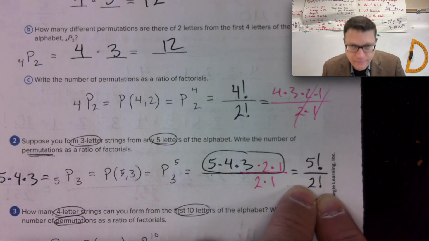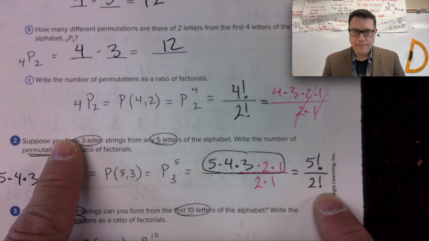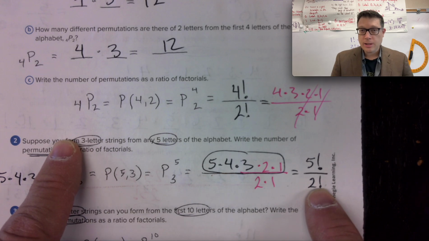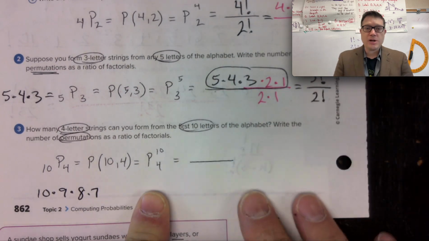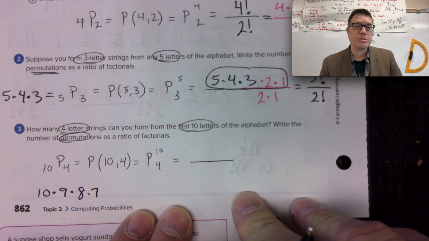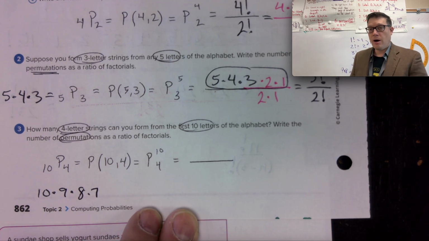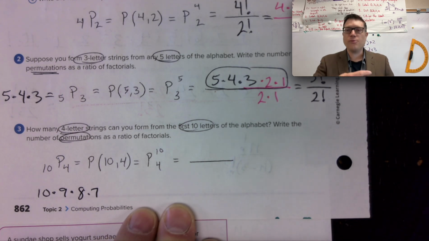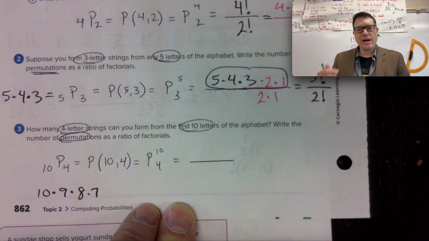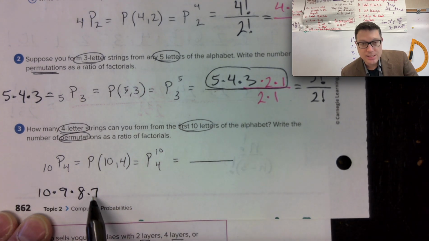Look at how the bottom of this factorial ratio isn't the 3. It's 5 minus 3. So there's this idea in the parentheses, like in the denominator here, if there's a 4-letter string you can choose from the first 10 letters, finishing my sentence, the bottom of the fraction should be the result of what's left. We have 10 letters of the alphabet, so I could write 10, 9, 8, and 7.